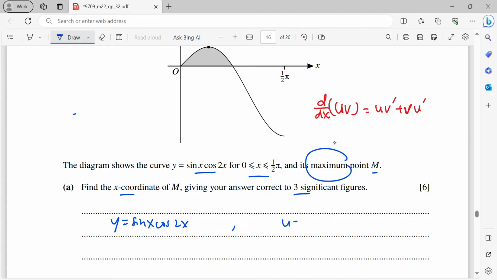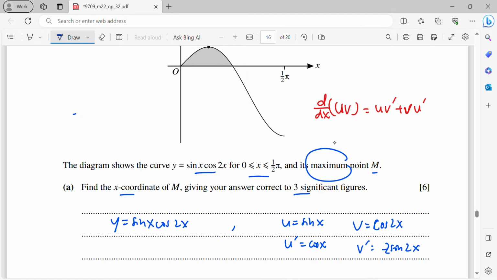So now my u is sine x, my u prime is cos x, then my v prime, v, uv, okay? I better write in this order. u prime is cos x, v is cos 2x, v prime, the differential of cos is minus sine, rewrite the 2x, and the differential of 2x is 2.